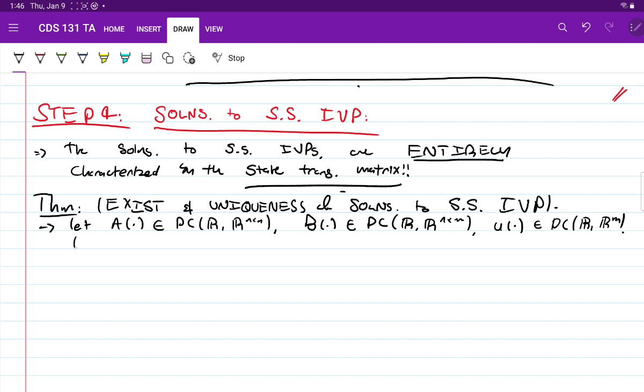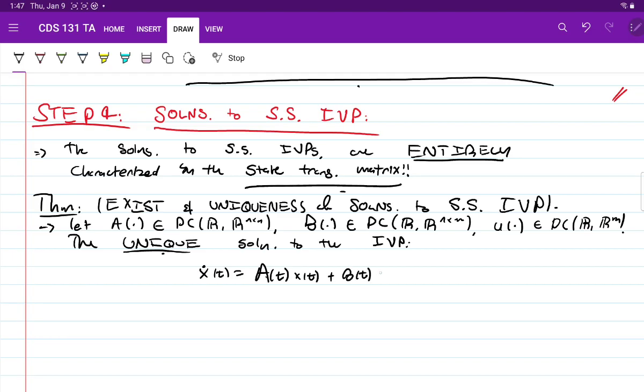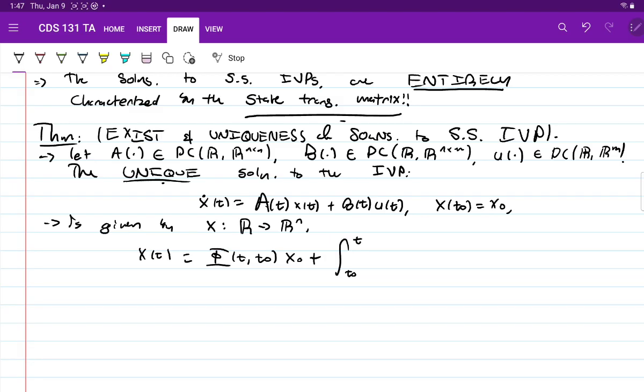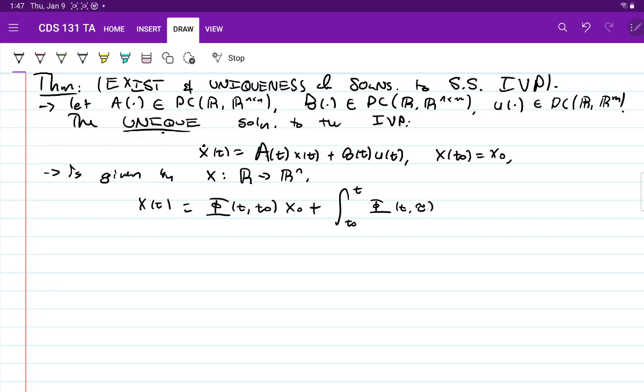All right? And what we have is that the unique solution to the state space initial value problem, x dot of t equals A of t x of t plus B of t u of t, x at time t naught equals x naught, is given by the map x going from R into R^n, which is defined x at time t equals phi of t, comma t naught, times x naught, plus the integral from t naught to t, phi of t, comma tau, B of tau, u of tau, d tau.